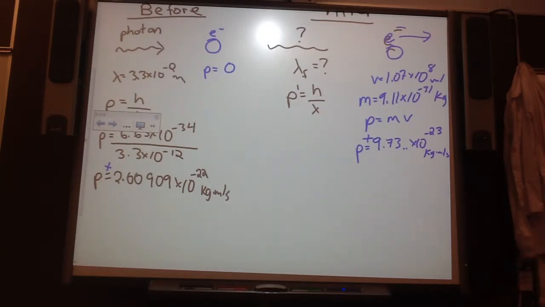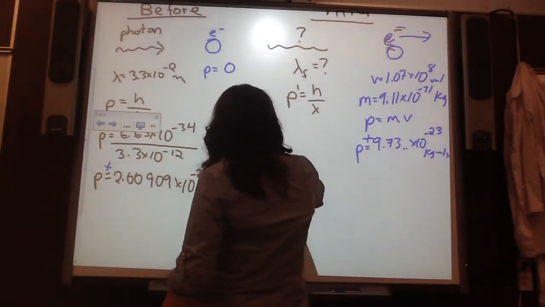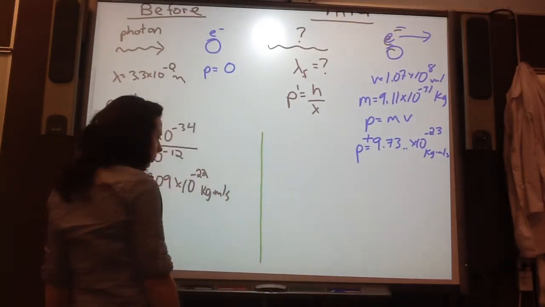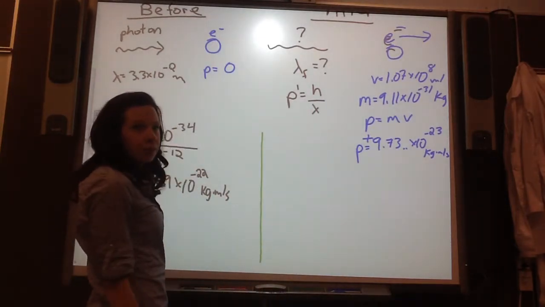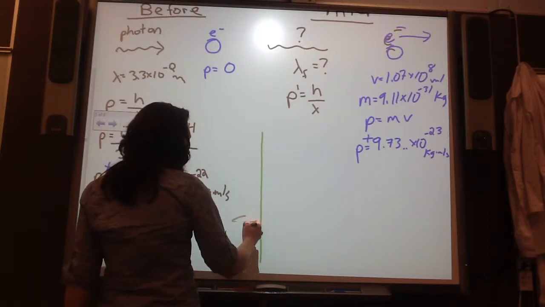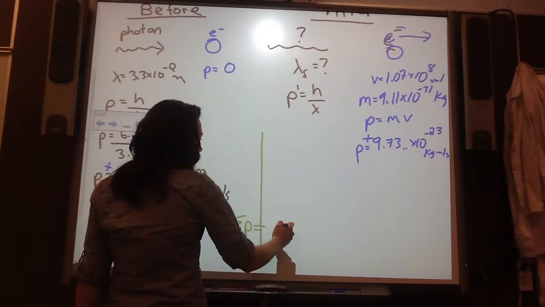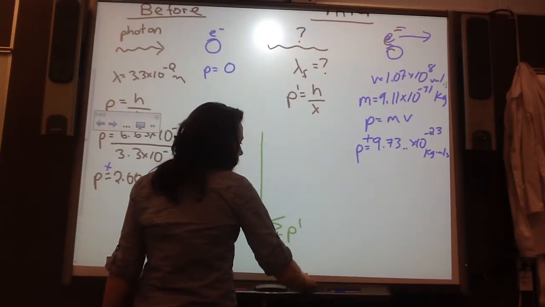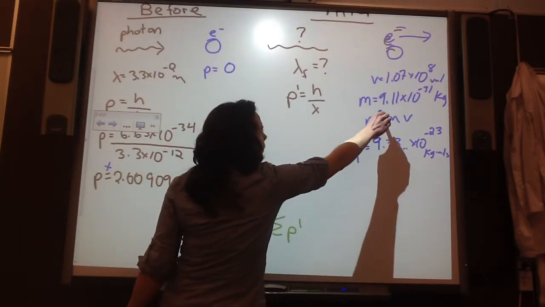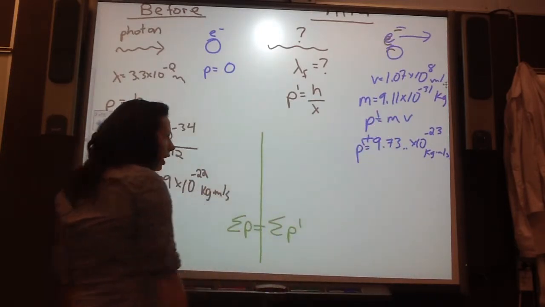So we know that our assumption about momentum is that the sum of the momentum before is equal to the sum of the momentum after. I could have put a prime here too, representing after.